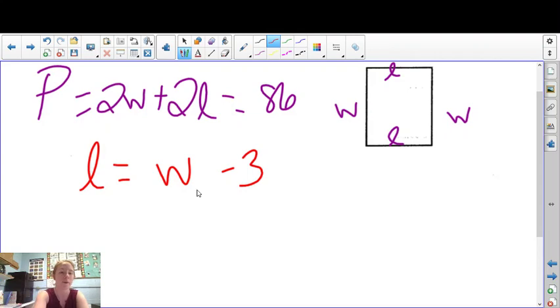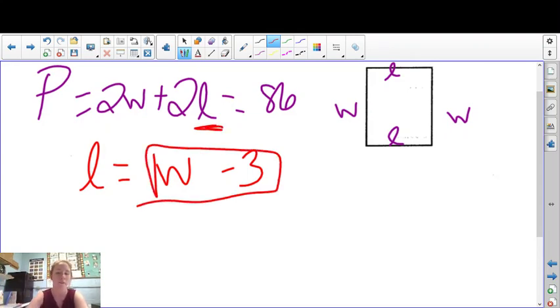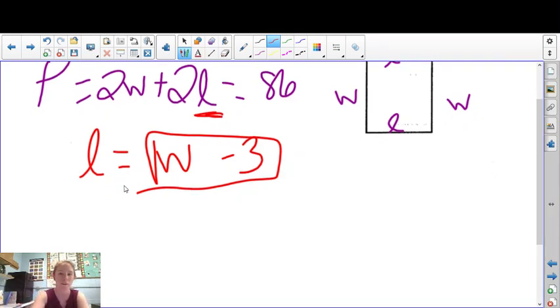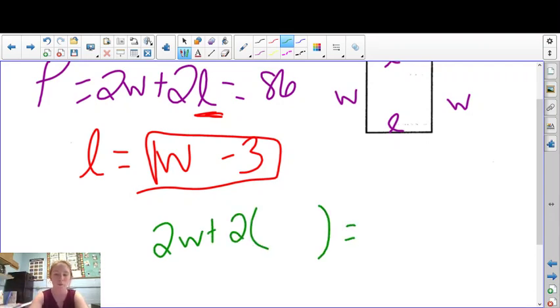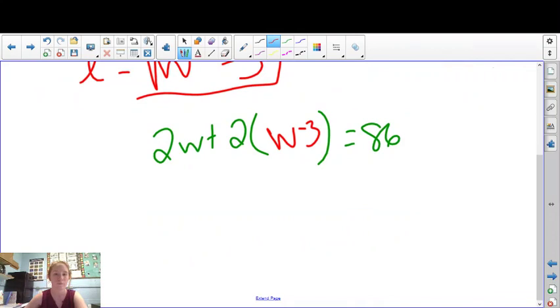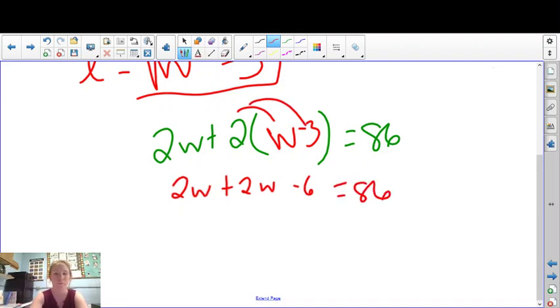So in my purple equation, every time I see an L, I'm going to replace or substitute in W minus 3. 2W plus 2 parentheses, because remember the L is a variable, equals 86. In the parentheses will go my W minus 3. 2W plus 2W minus 6, because we're distributing, equals 86.